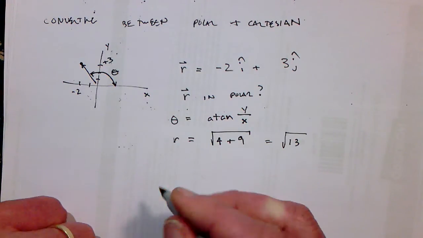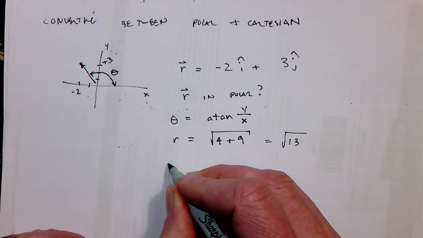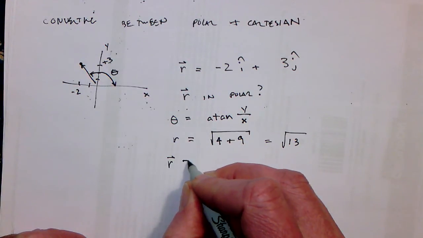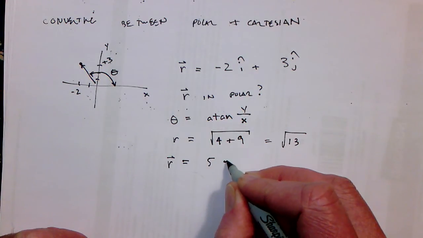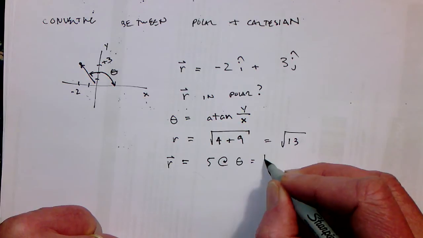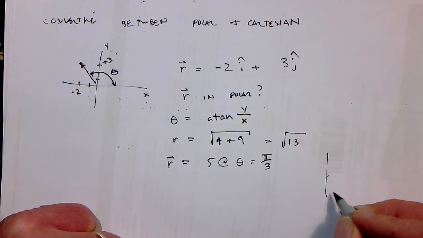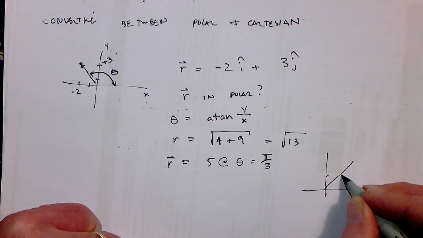By the same token, it's fairly easy to go from a polar situation, like let's say you said r was 5 at an angle of pi over 3, right? Well, we could draw that and use our knowledge of trig.